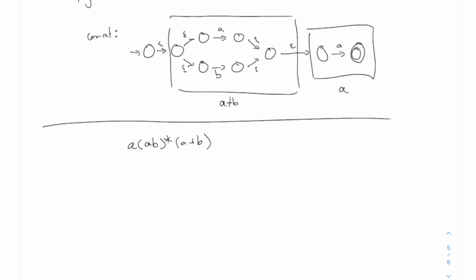So once you know what you're doing, you can maybe jump to the answer, but I'm just going to write down the various pieces. There's the a, which is this, of course. There's b star. Maybe I'll just start with ab. ab looks like a concatenation of a followed by b, so that would be a followed by b, right? This is ab.